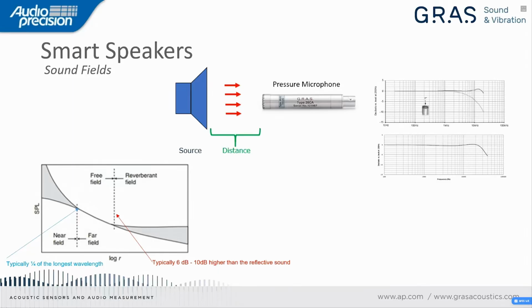If we place the pressure microphone very, very close to the sound source, in the near field where we have the pressure field, we can see on the graph that the response for the pressure microphone is very, very flat in the entire frequency range of that microphone.